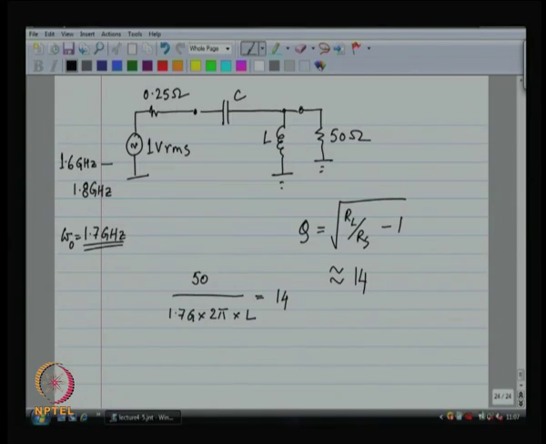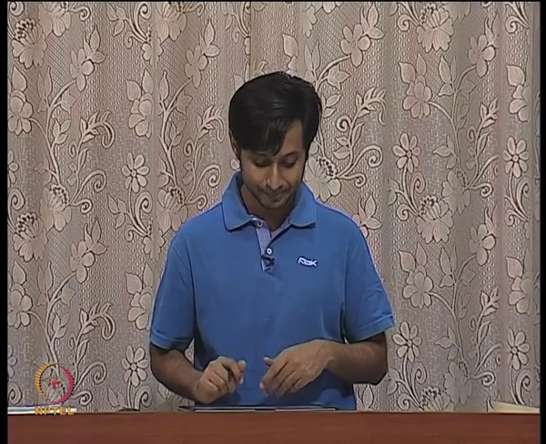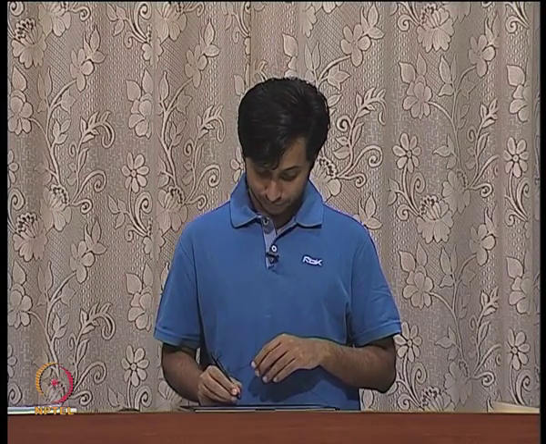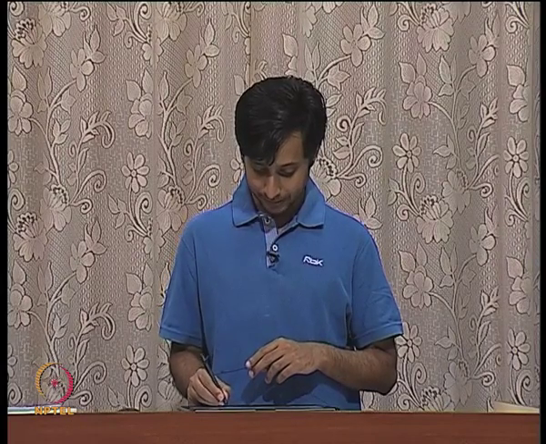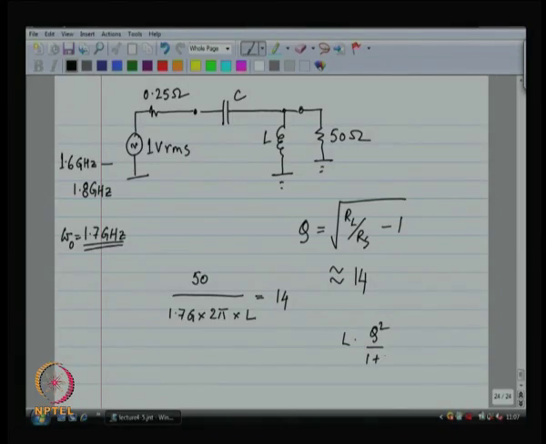Fine. So, you compute the value of L, that is the second step, and then the third step is this. L is going to transform to another inductor, which is going to be about L into q squared by 1 plus q squared. So, q squared is 199, 1 plus q squared is 200, that is about the same L. Okay.